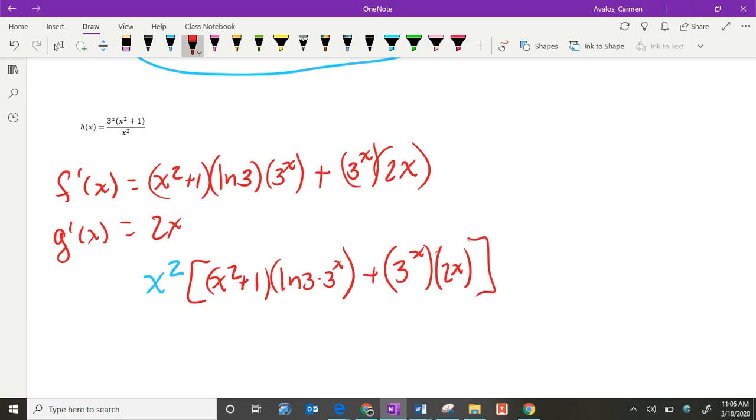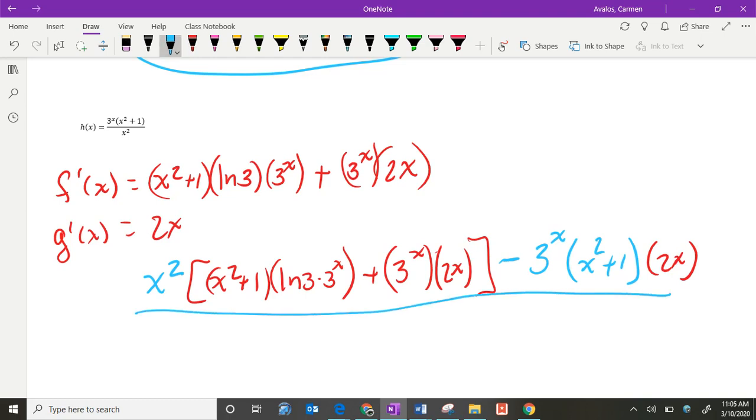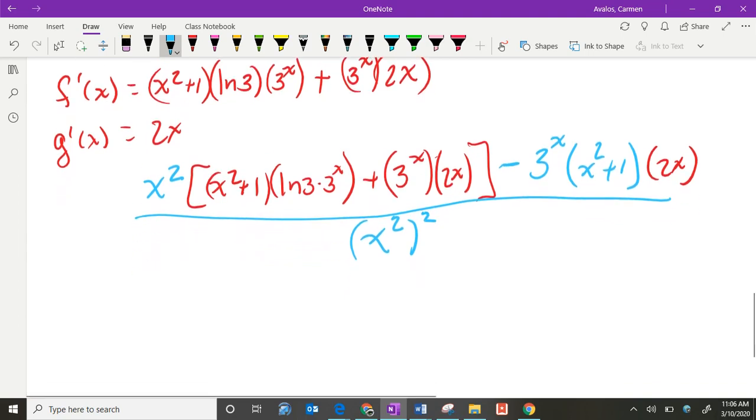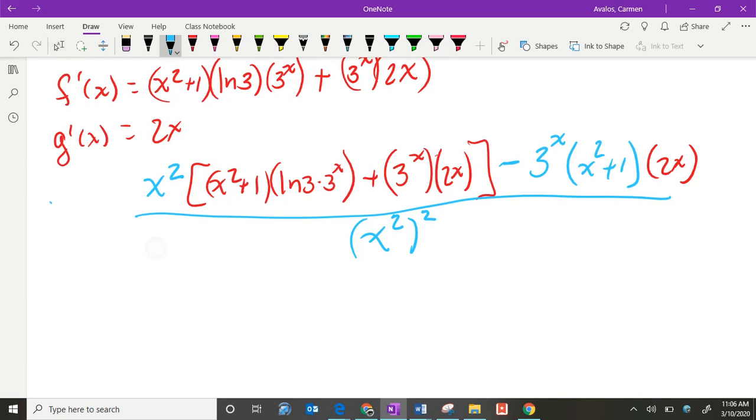And so that is the derivative. And then we're going to do minus, and now we're going to leave the numerator by itself, 3 to the x times x squared plus 1, and we are going to then do the derivative 2x. And then this is all over x squared squared.